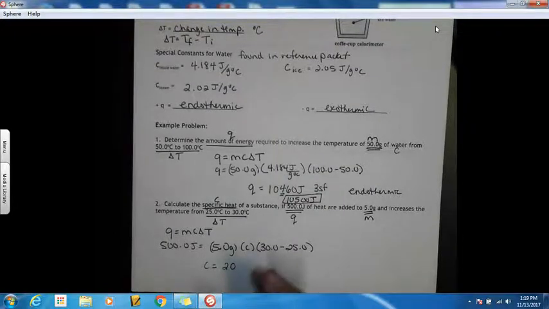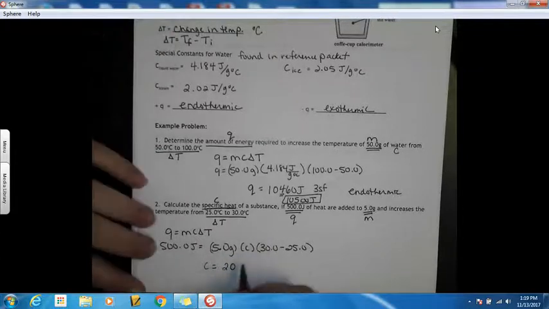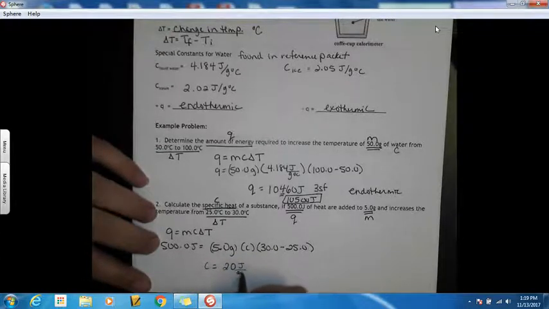And since we were looking for specific heat, our units are going to be joules over grams degrees Celsius.